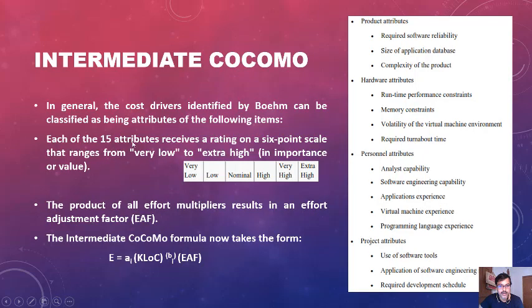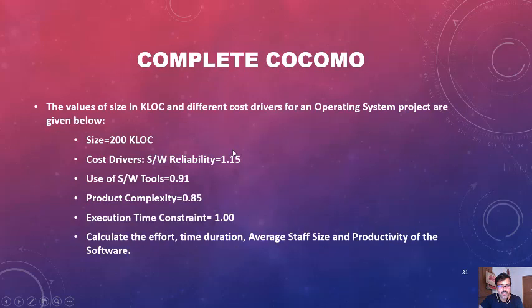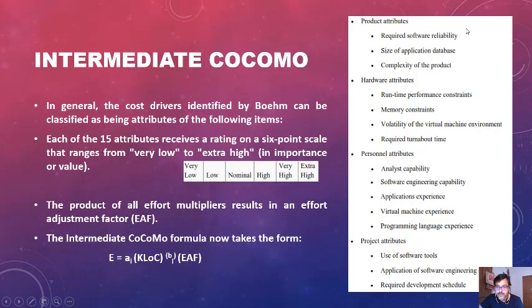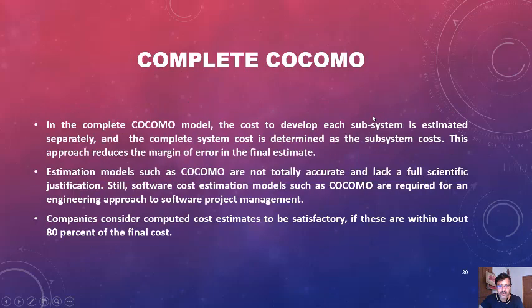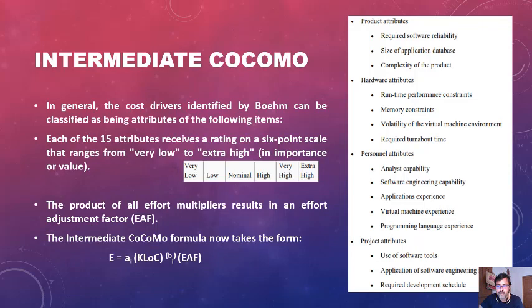Then the use of software tools, which is in the project attributes. So these are the 15 attributes, and we have to calculate the EAF, effort adjustment factor, by multiplying 1.15, 0.91, 0.85, and 1. Then we put this value with the basic COCOMO model, that is a1 into KLOC to the power a2.